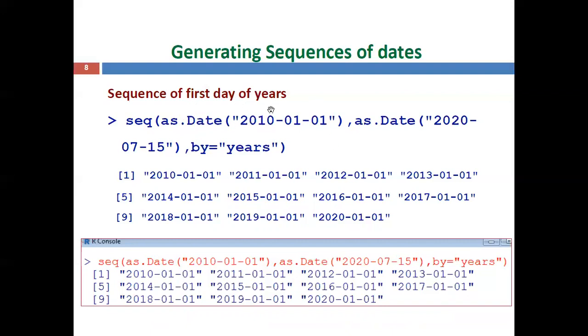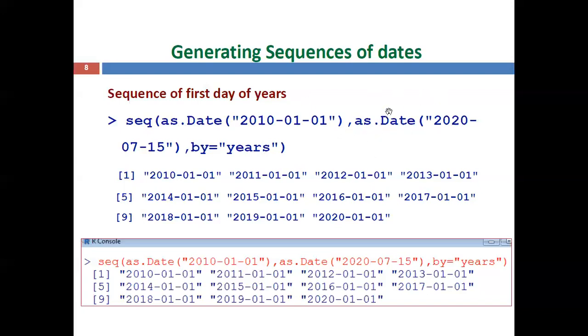Within brackets and double quotes, you give the date format as year, month, day, the reverse format: YYYY hyphen MM hyphen DD. In this format only you have to give the date.